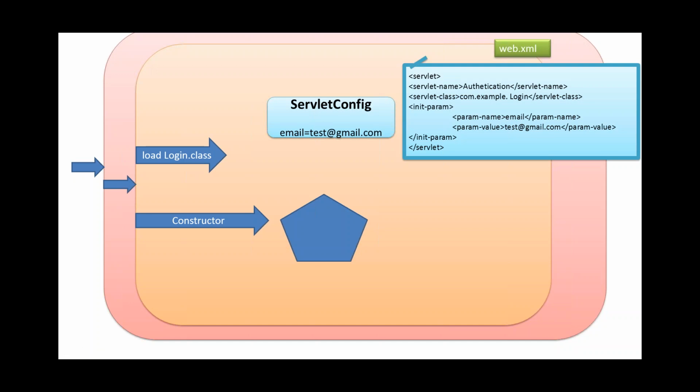If you want any configuration to be done when the server is starting up, that information you can write in servlet config. After that, it calls the init method. To this init method, it passes the servlet config object.